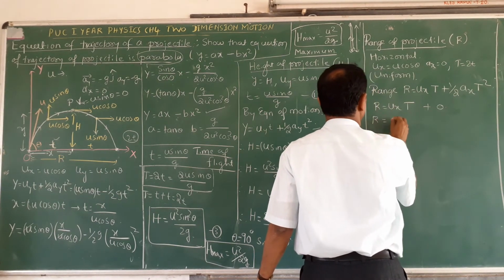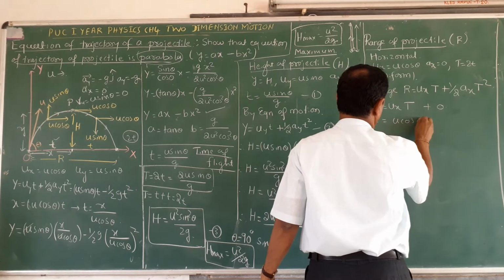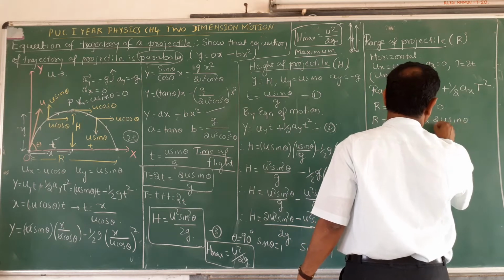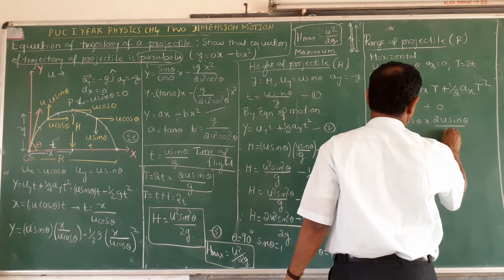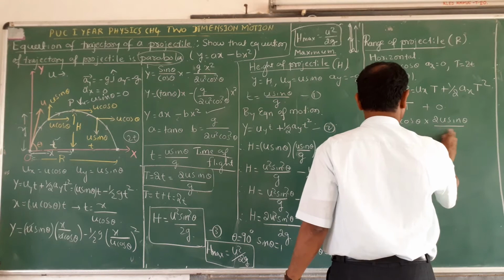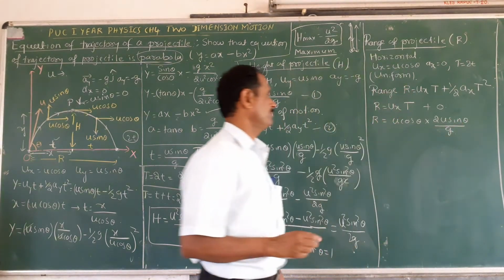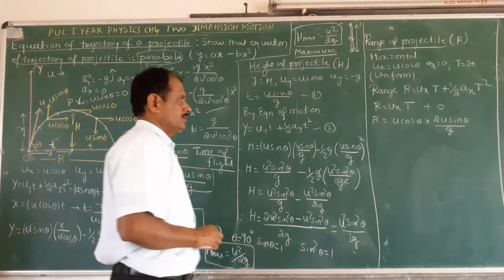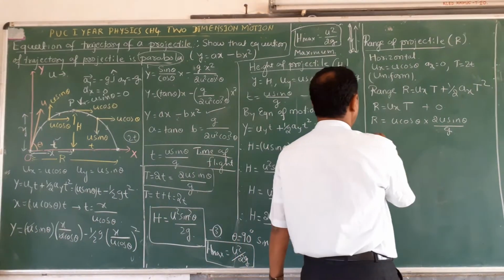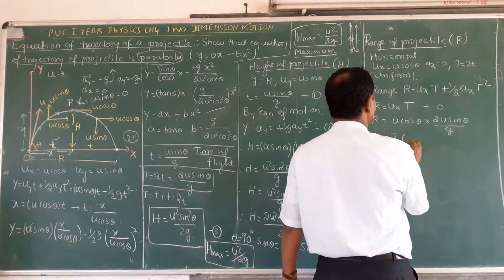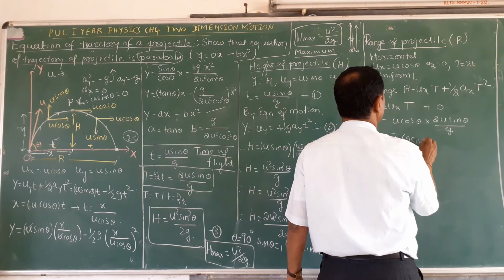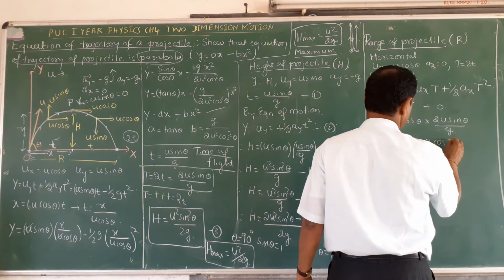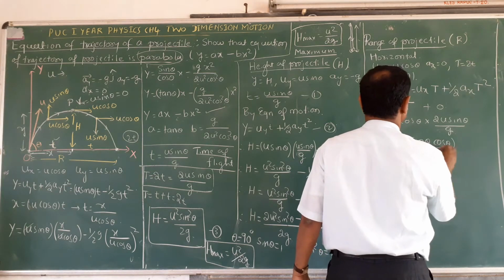Therefore, R is equal to u cos theta into 2u sin theta divided by g. Yes, R is equal to u square 2 sin theta into cos theta divided by g.